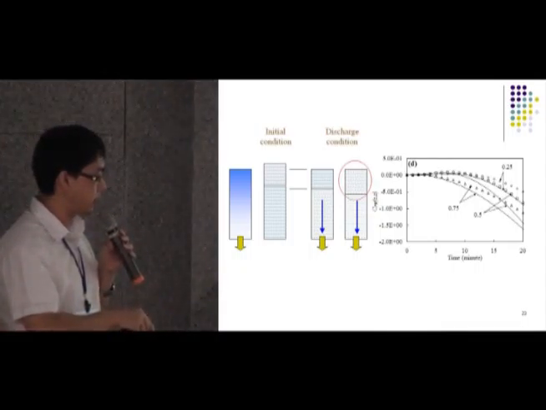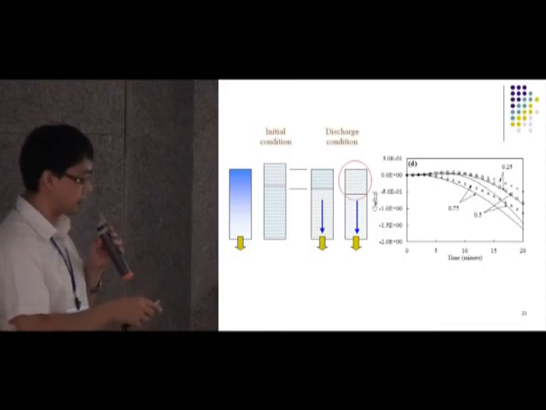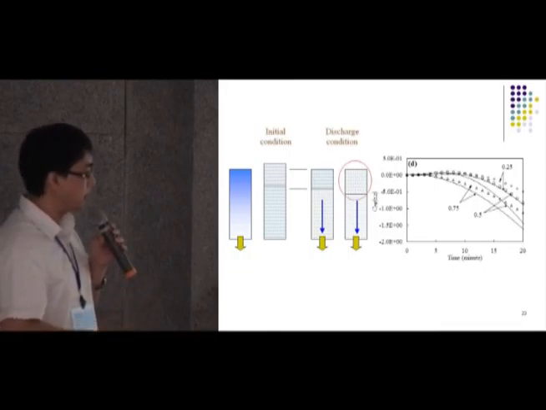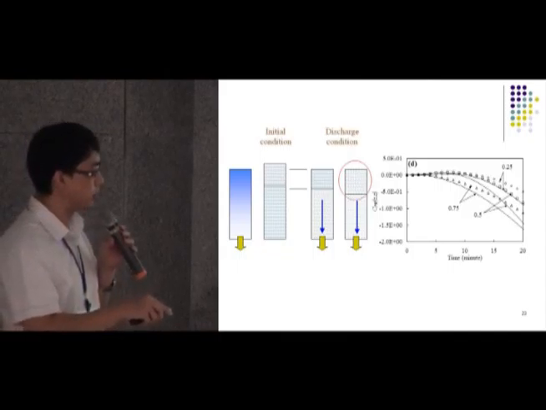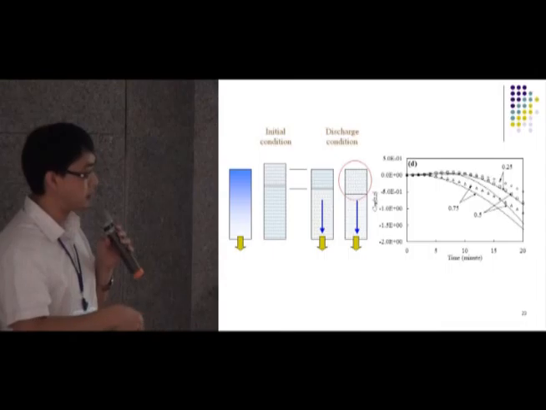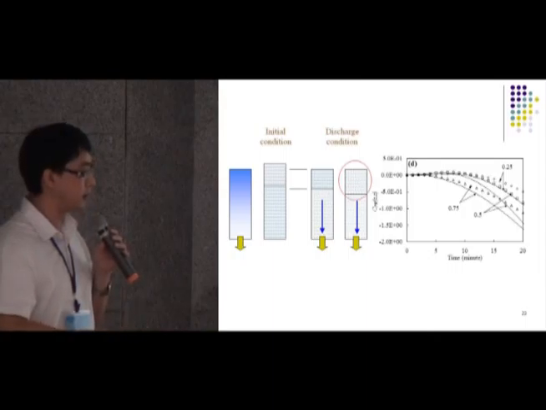This changes very fast, but at the top boundary, the water pressure will not change so fast. If we simplify to a very simple case, we separate it into two parts. The upper part is not changed, the water pressure is not changed, and the lower part is decreased.